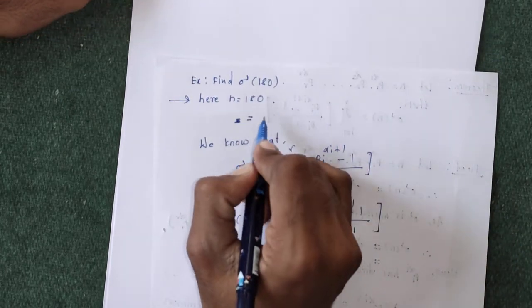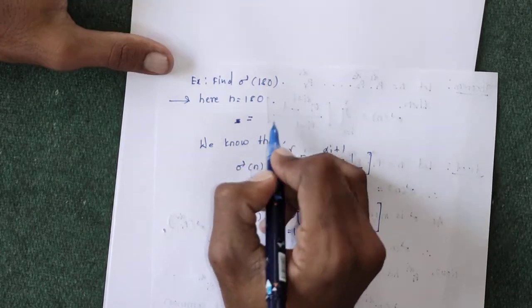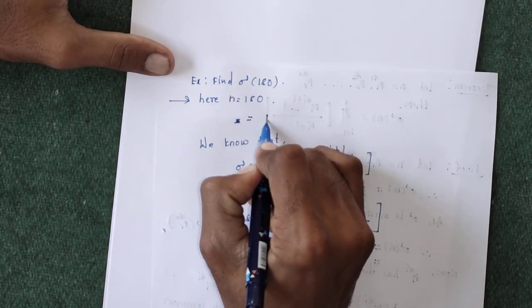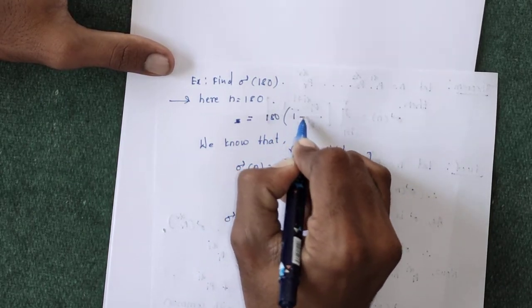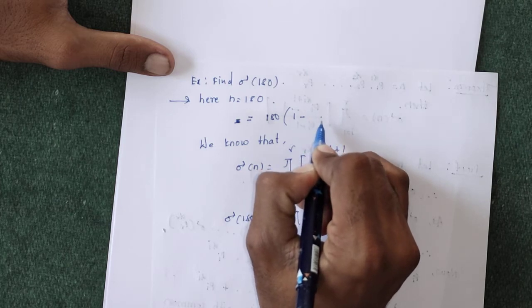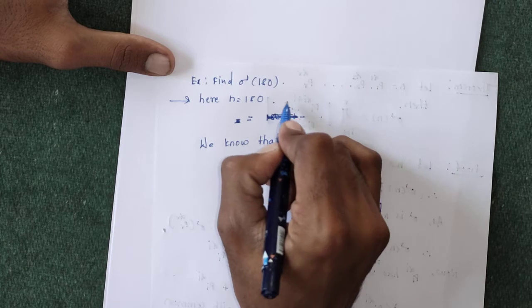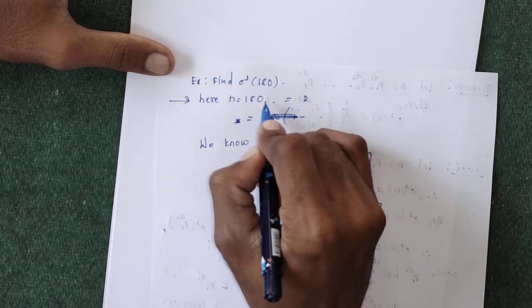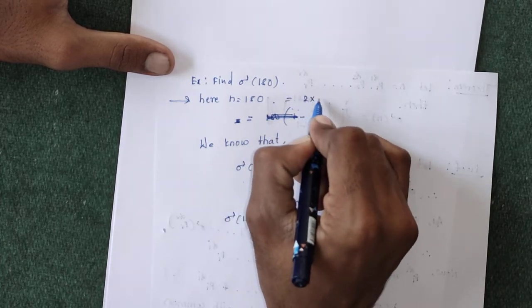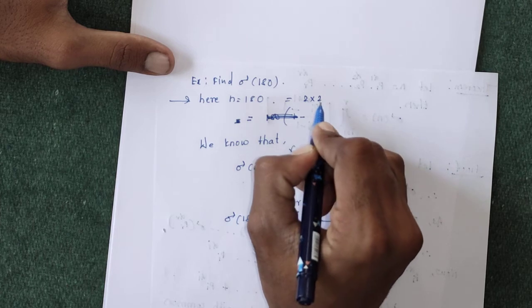To find the canonical form, we have a formula, n into 1 minus 1 upon p1, and so on, but this is just wrong, this is Euler's phi function. So expressing this, 180 is 2 into 90, 2 into 2 into 45.